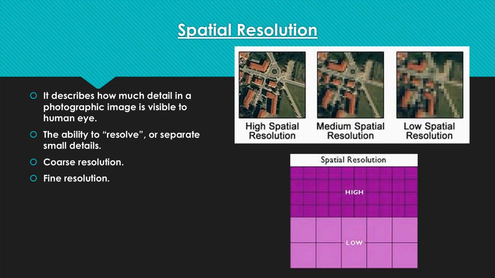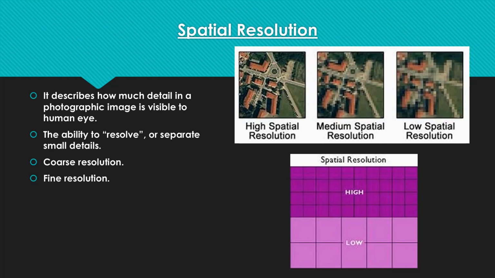So this type of resolution is known as spatial resolution. Smaller the size of the resolution, the finer the details. Larger the size of the spatial resolution, the coarser the details.